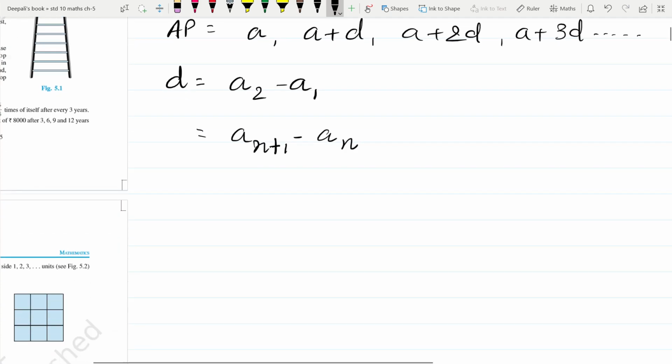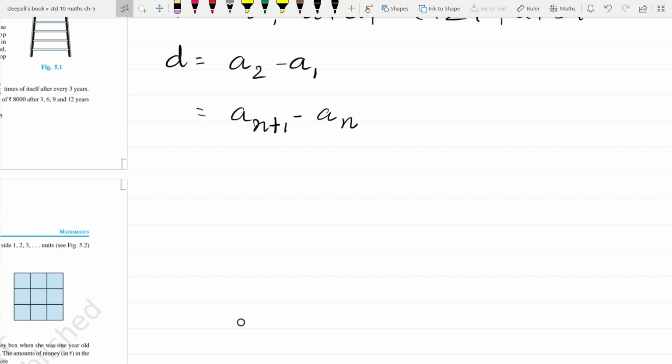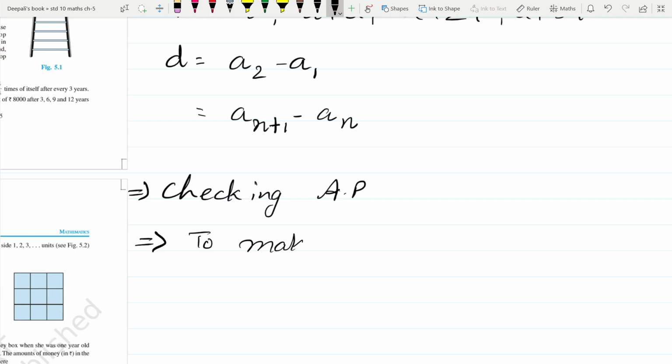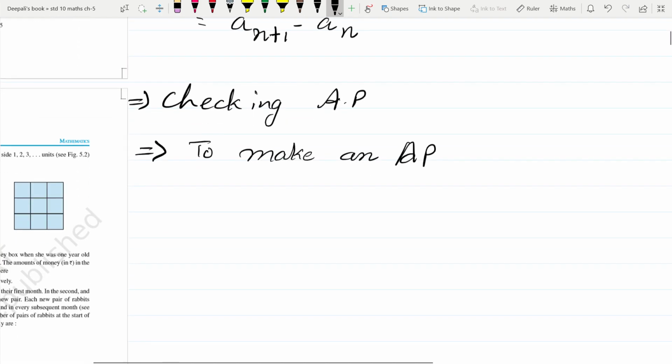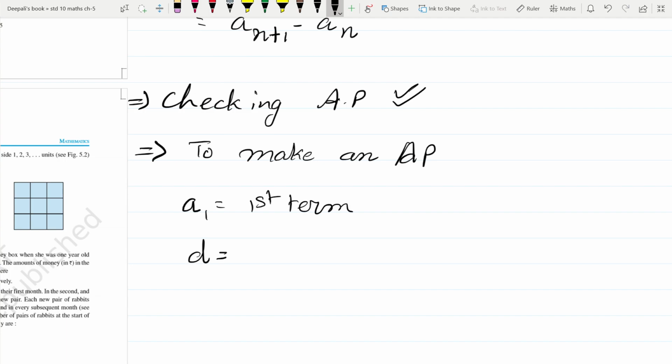So, for the first part of the chapter, we are going to check whether it is an AP or not. And second, to make or form an AP. For checking an AP, we just need to check A, that is the first term, and D for the AP.